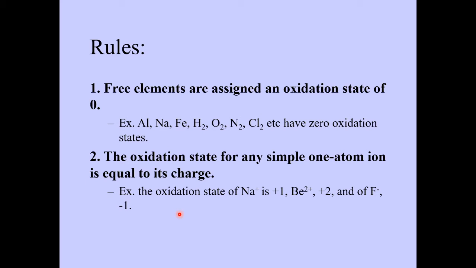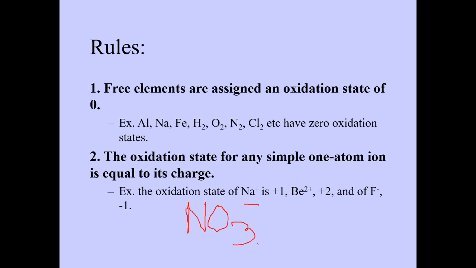Now this goes for groups of ions as well, but that includes the whole group. So let's say I have, I get to draw again, I love getting to draw. Let's say I have NO3 negative.